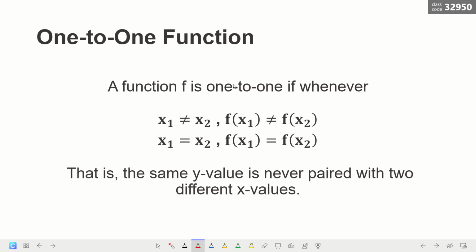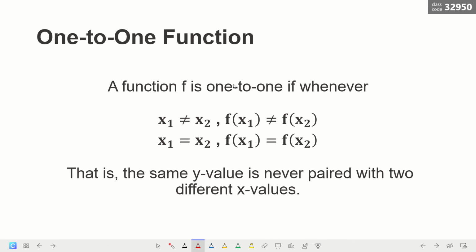So that is, the same y value is never paired with two different x values. In our definition of a function, we said that an input value will only correspond to one and only one unique y value in our range.